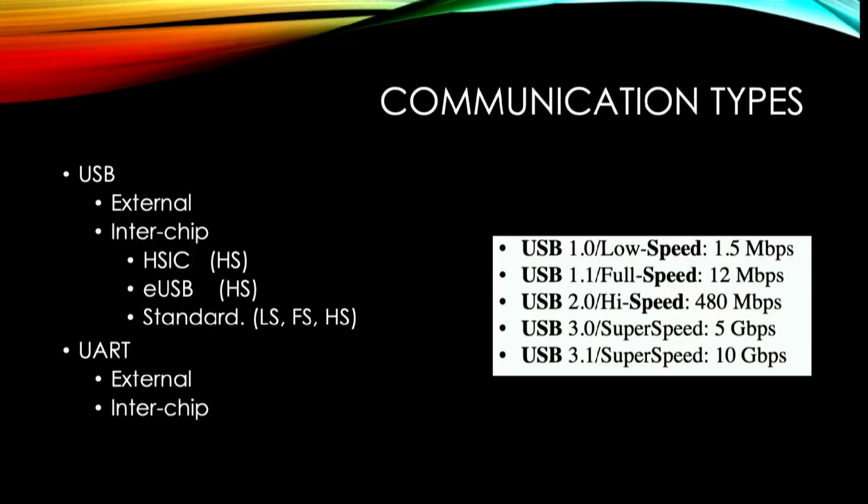When you get into USB interchip comms, there are three standard types of USB communications. There's what's known as high-speed interchip. You have eUSB. I've encountered eUSB on devices that communicate USB from one board to another board, because when you get into lower power USB communications, length is an issue. eUSB gives you the ability to do that.